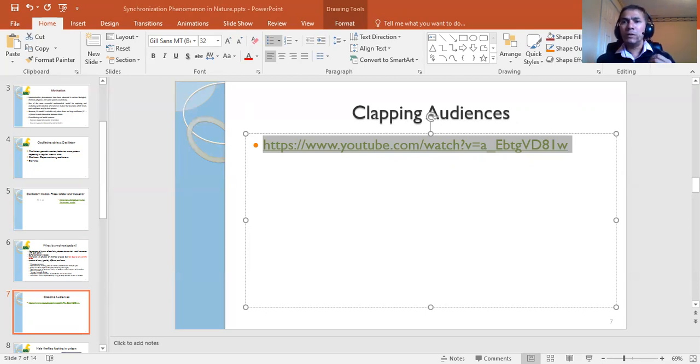But after some time, the sound coming from the clapping automatically gains some harmony.